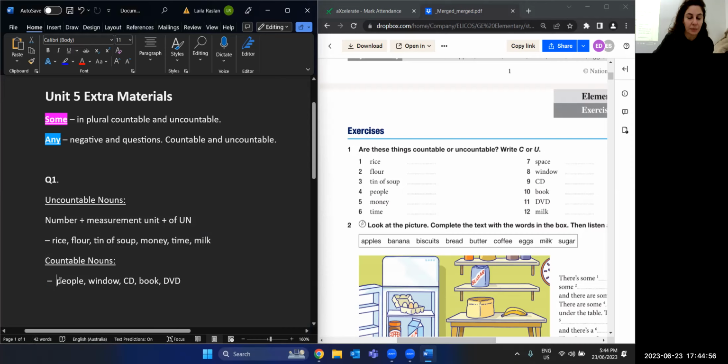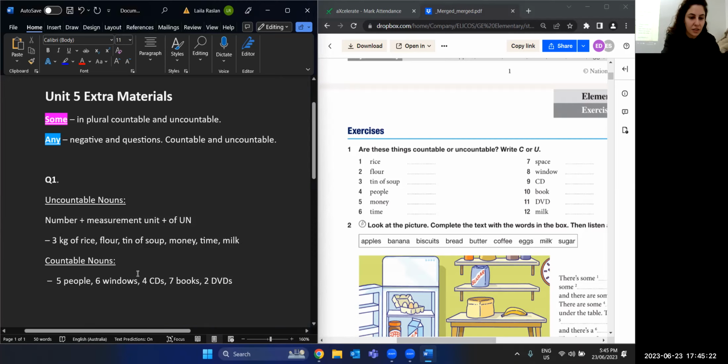Countable, we can put a number. 5 people, 6 windows. I have 4 CDs. So make sure I've got to make it plural as well. Put the S, 6 CDs. I've got 7 books at home. And I have watched 2 DVDs. But this one, I want 3 kilograms of rice.